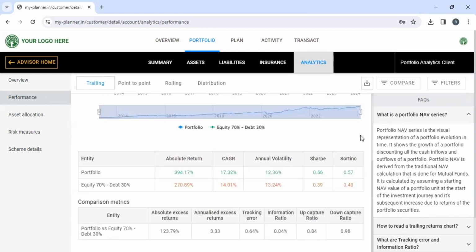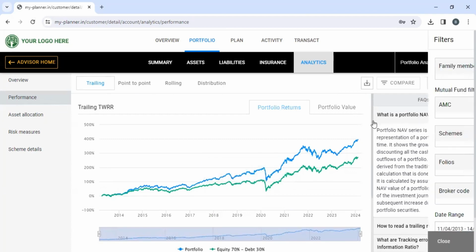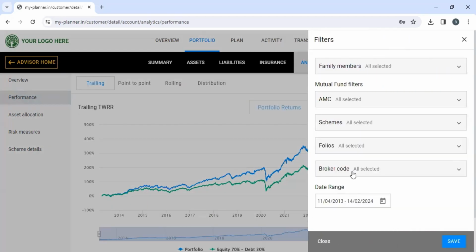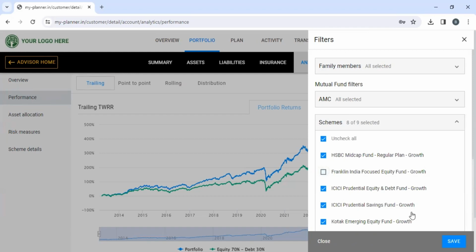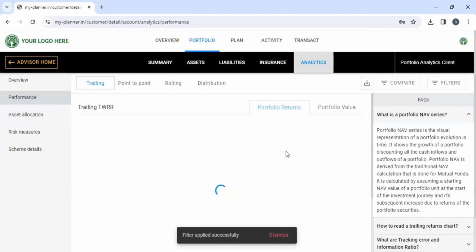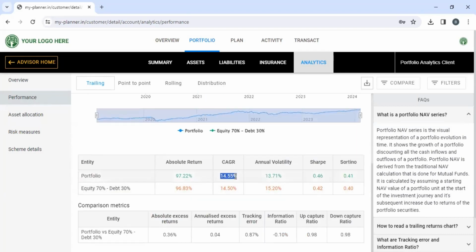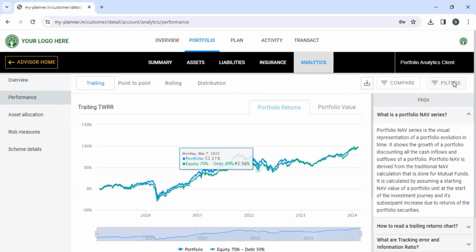So if we see 17% CAGR and 12% annual volatility, in filters, if I remove a particular scheme, let's say this one, focused equity funds, we can actually see the change. Volatility remains the same, but CAGR has decreased. So this particular scheme doesn't add to the volatility of the portfolio, but it adds to the CAGR.